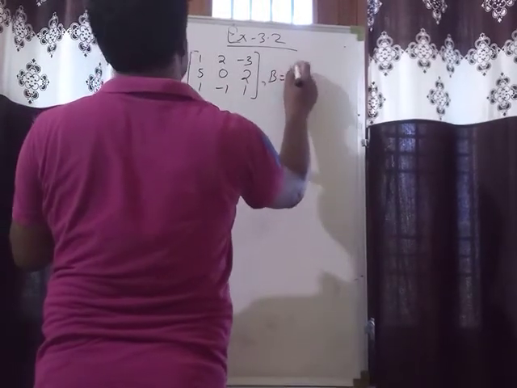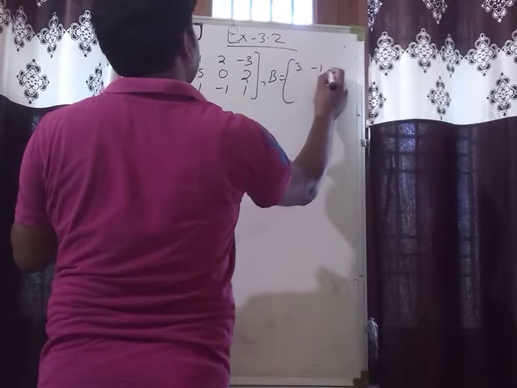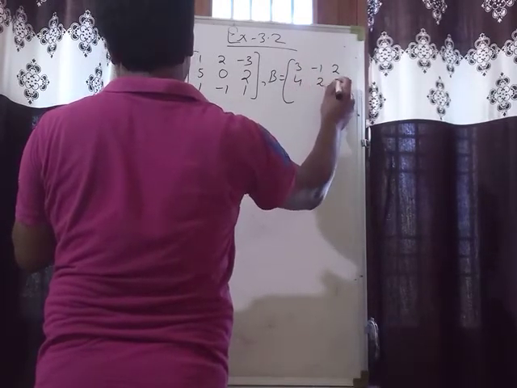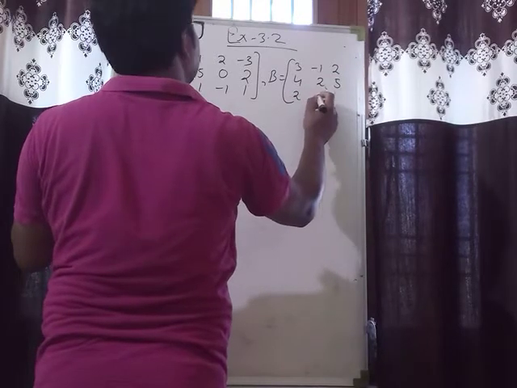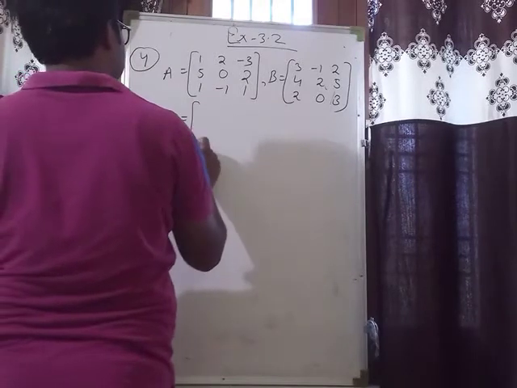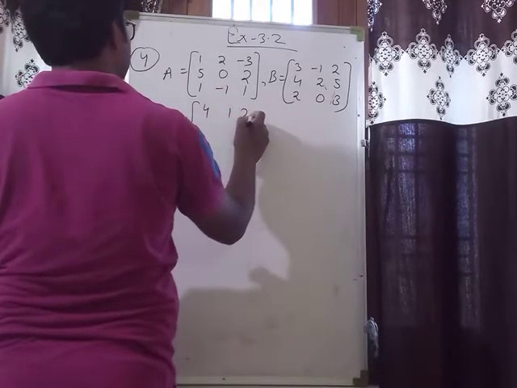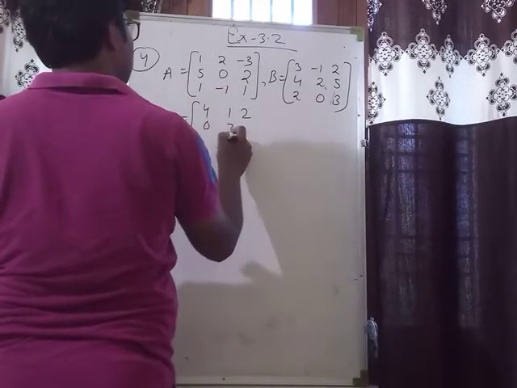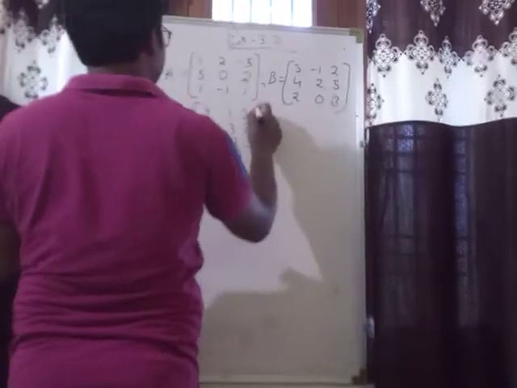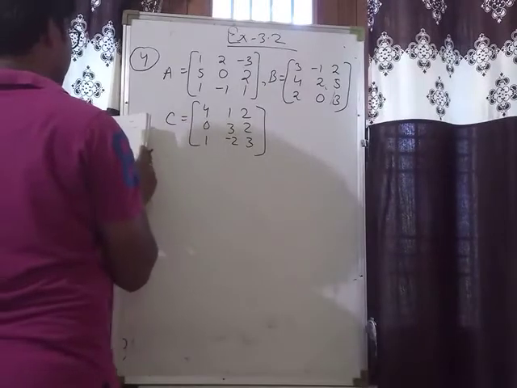B is 3, minus 1, 2, 4, 2, 5, 2, 0, 3. And C is 4, 1, 2, 0, 3, 2, 1, minus 2, 3. Then compute the following.